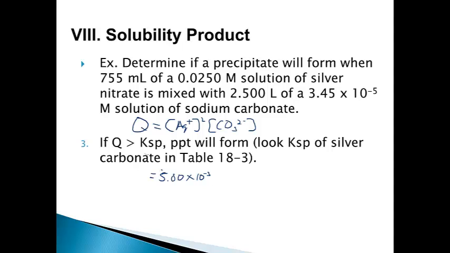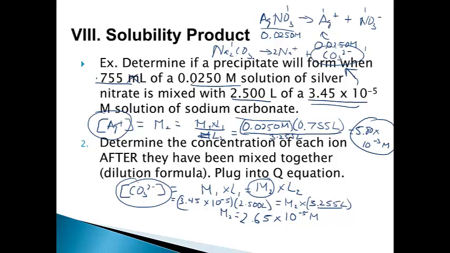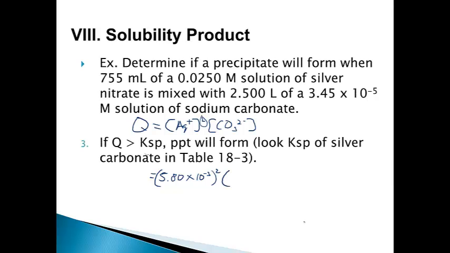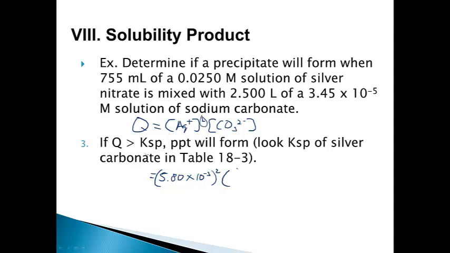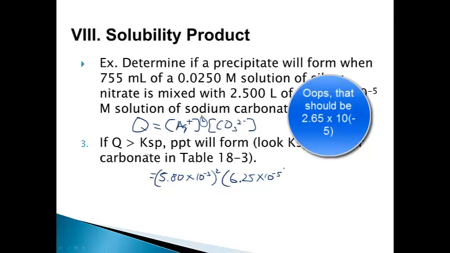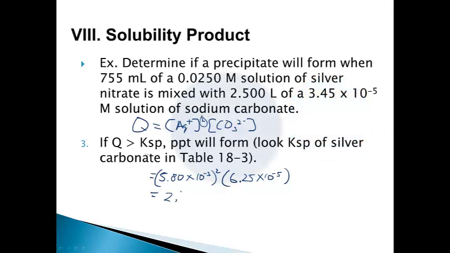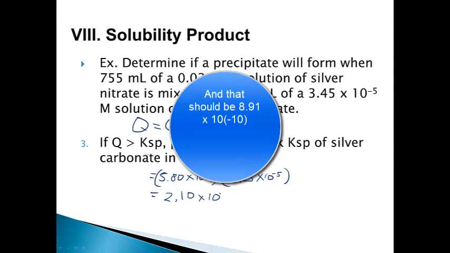And don't forget, take that concentration and square it, times the carbonate concentration, which was down here, 6.25 times 10 to the negative fifth. Calculate what that comes out to be, and that should come out to be 2.10 times 10 to the negative 9th.